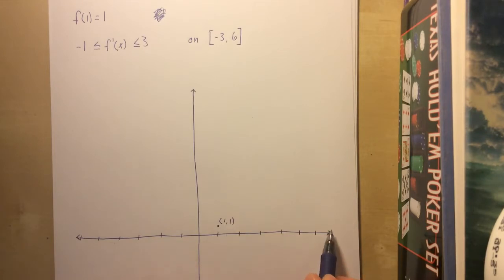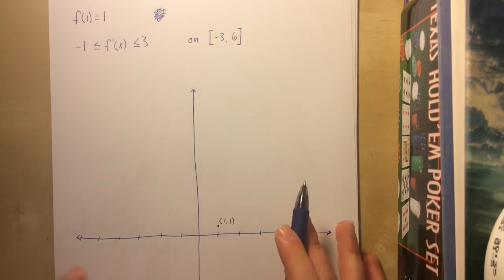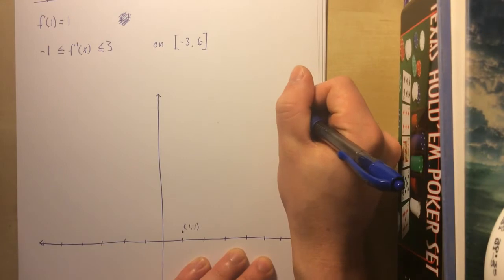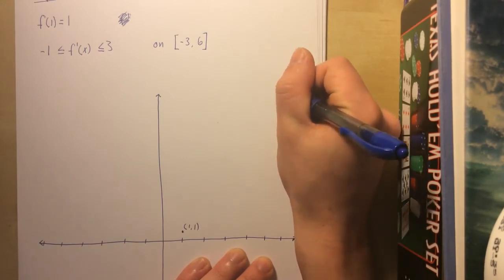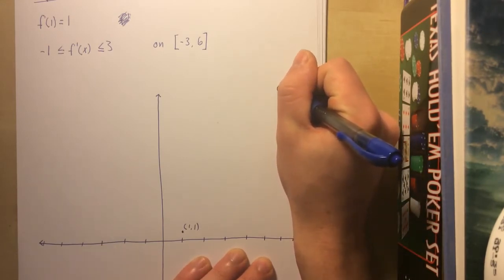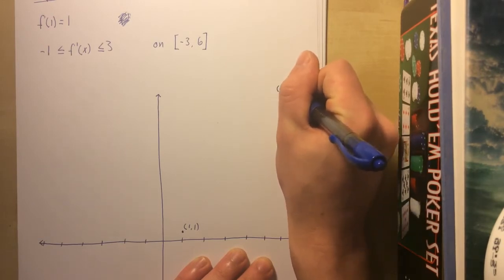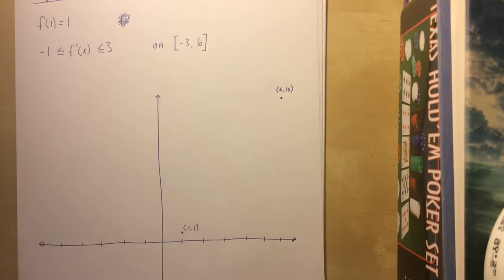So we're going across 5 units, up 15, and since we're starting at an initial value of (1, 1), we have to add 1 to 15. So we're going to get some value over here. 15 plus 1 is 16, so it's going to be (6, 16).